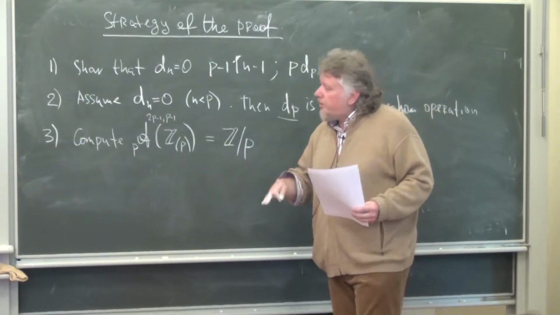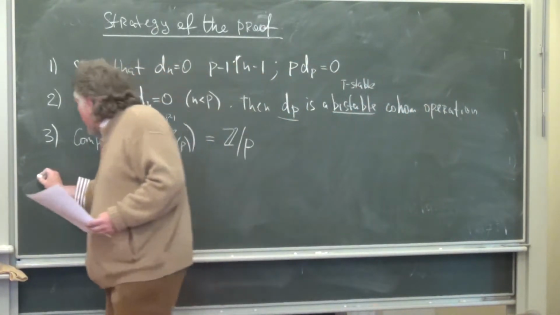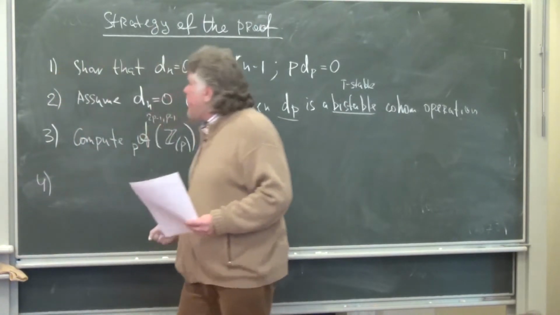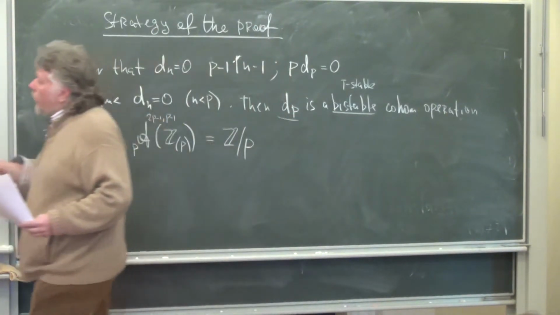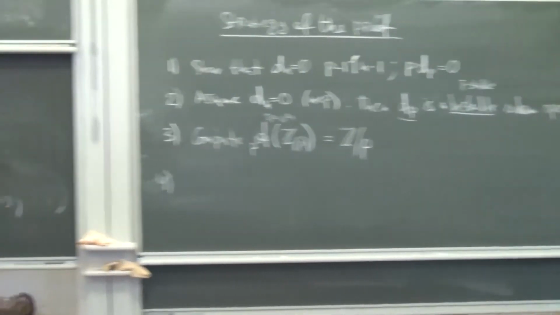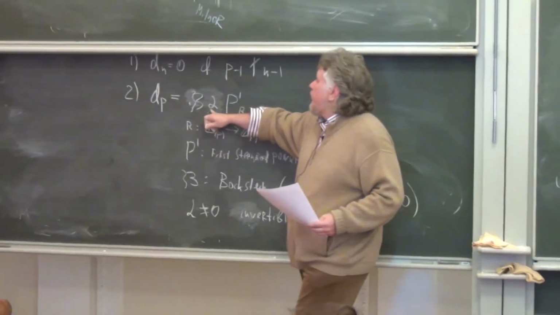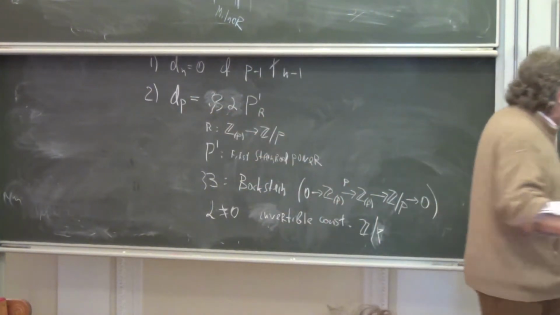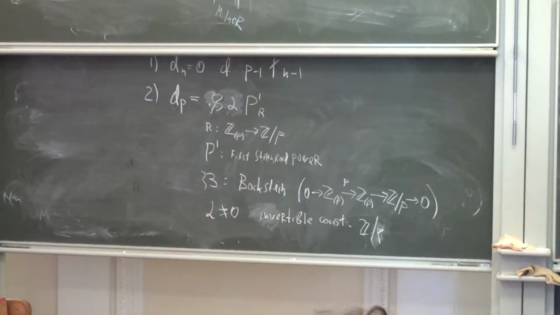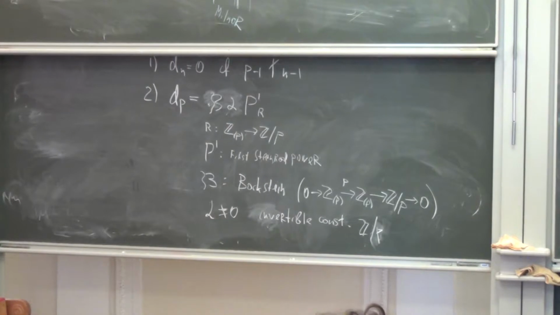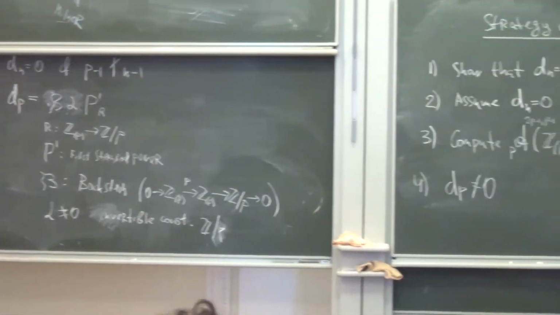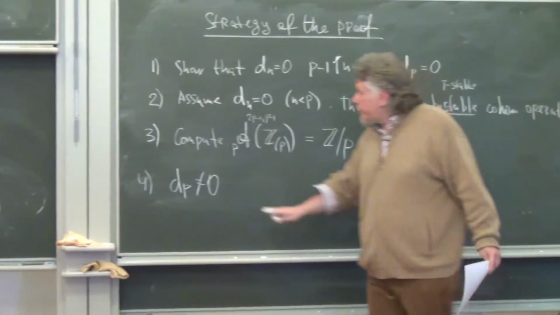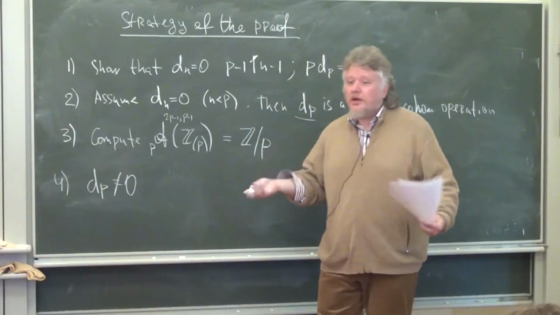And we are just one step off our aim. Finally, we already know almost everything, but up to this constant. We are not sure whether this constant is 0 or not. So the last step, we should show that d_p is not 0. And of course, the best way to show it, we can just make an example.